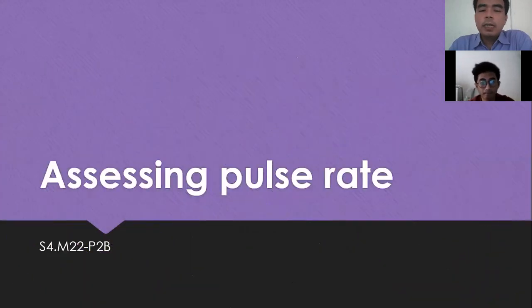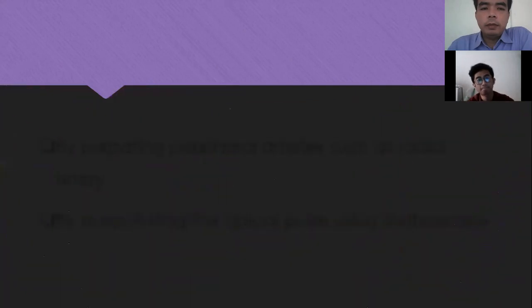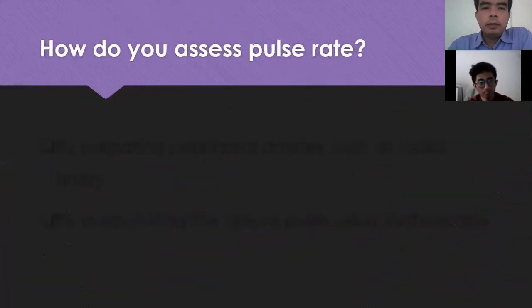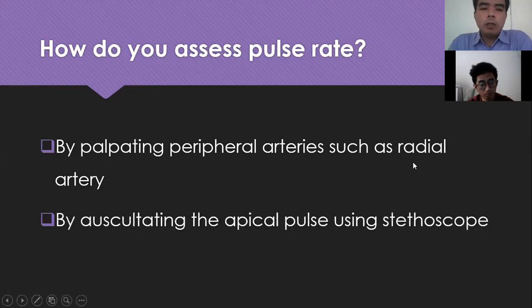Next, assessing pulse rates. How do you assess pulse rate? The first way is by palpating peripheral arteries such as the radial artery, and then the second is by auscultating the apical pulse using the stethoscope.